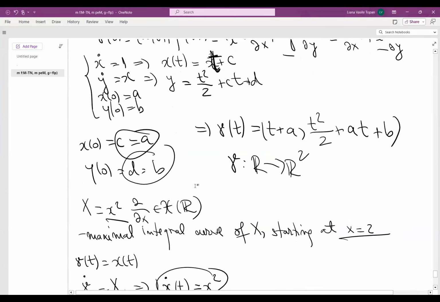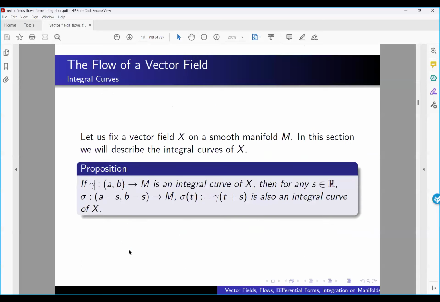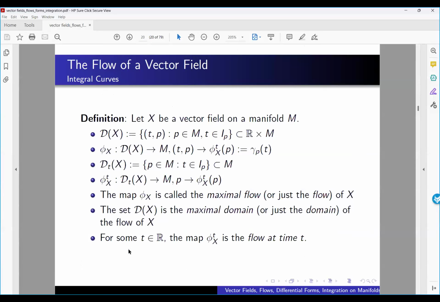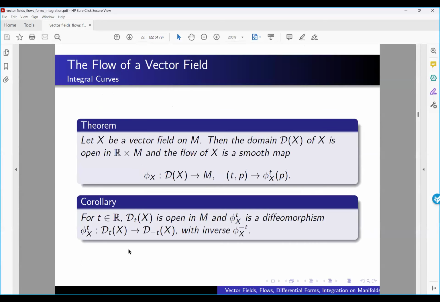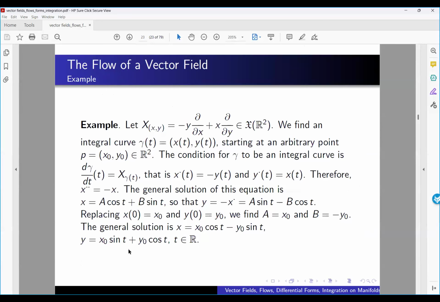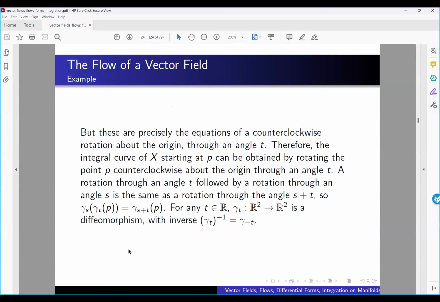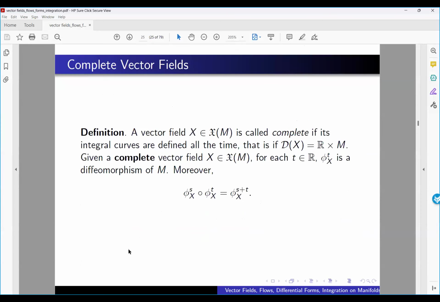All right, so this is how we find integral curves. And then let's see what's next. Right, so we talked about this, I'm going to skip it. Okay, all right, this is another example. Very well.